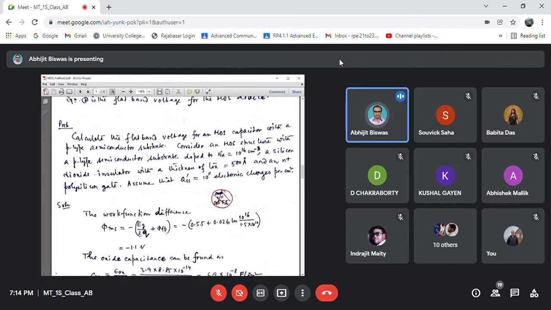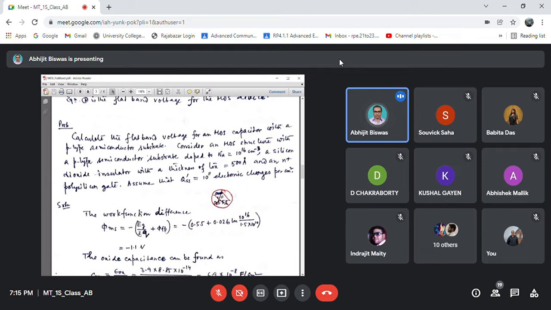Consider an MOS structure with a P-type semiconductor substrate doped with Na, the acceptor concentration, equal to 10 to the power 16 per cc, a silicon dioxide insulator with a thickness Tox equal to 500 angstrom, means 50 nanometer, and an N plus polysilicon gate. Assume that Q'ss equal to 10 to the power 11 electronic charges, means electrons, per square centimeter.